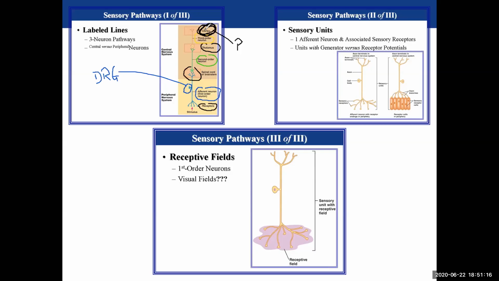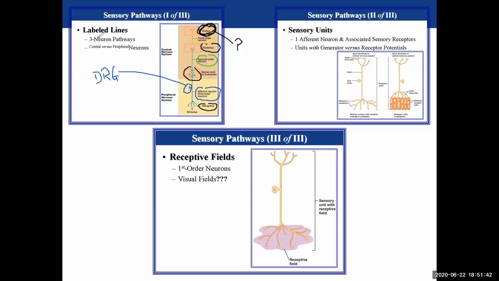And so this is when sensation is promoted to a perception status. So if any sensory information fails to go to the cerebral cortex, in this case specifically the primary somatosensory cortex, then there's no perception involved.